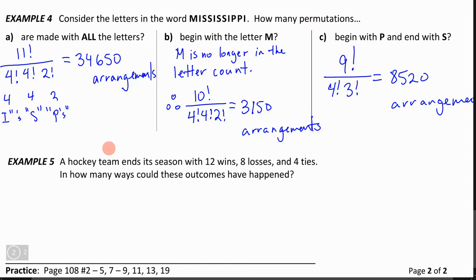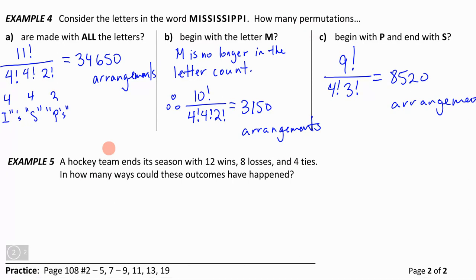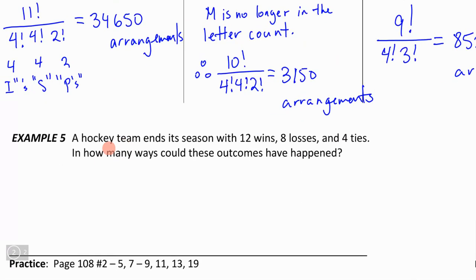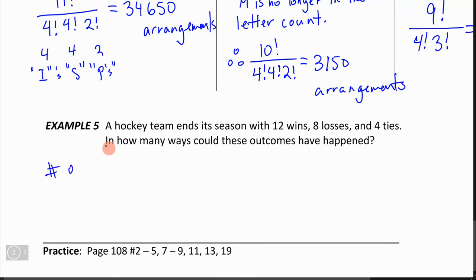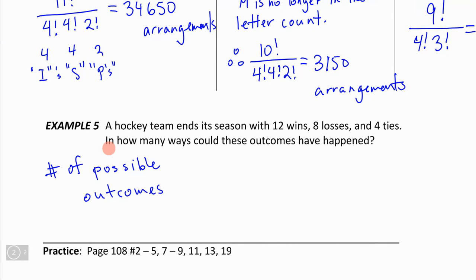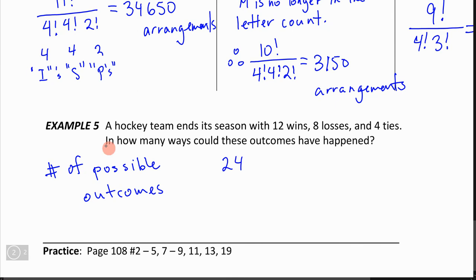Example number 5, a hockey team ends its season with 12 wins, 8 losses, and 4 ties. In how many ways could these outcomes have happened? So the number of possible outcomes. So we have 12 plus 8 plus 4, so looks like 24 possible outcomes, so 24 factorial ways to arrange those wins, losses, and ties.